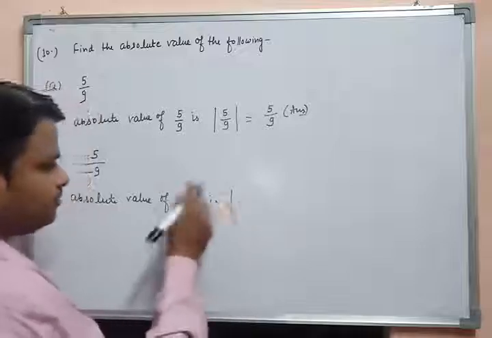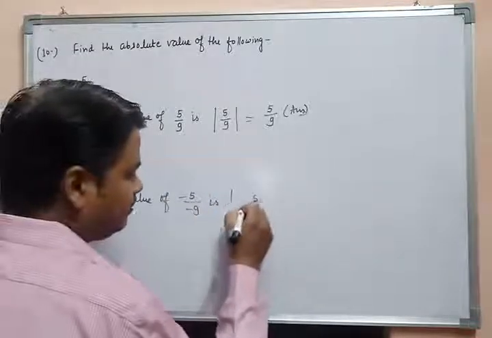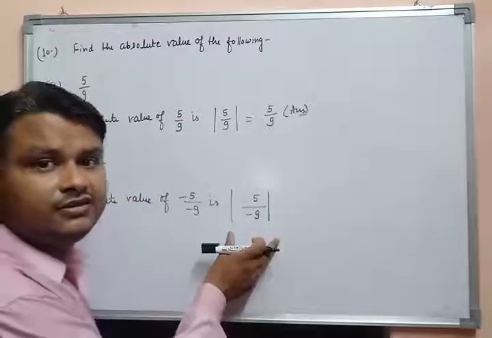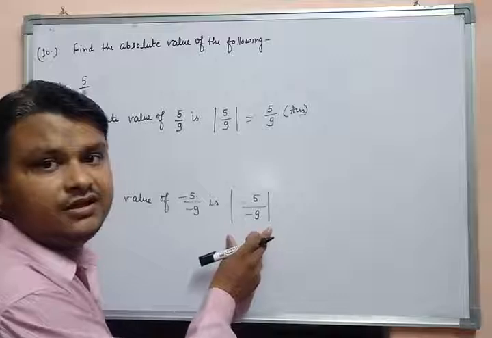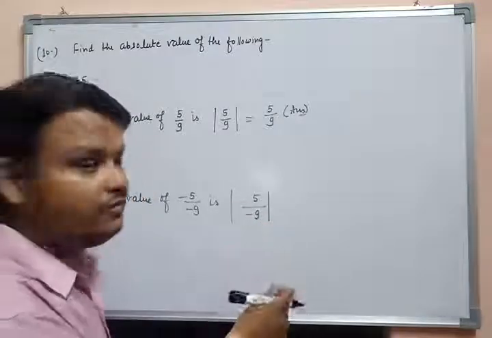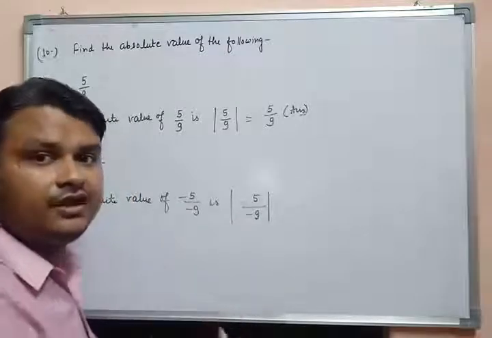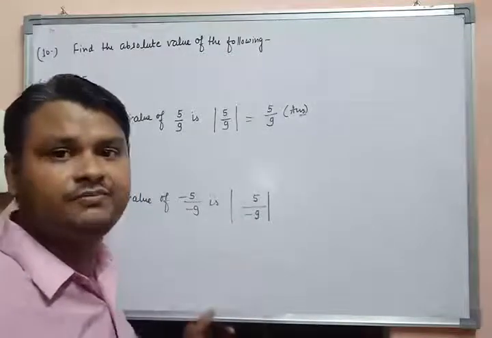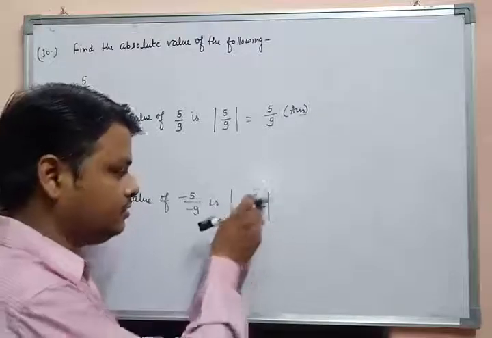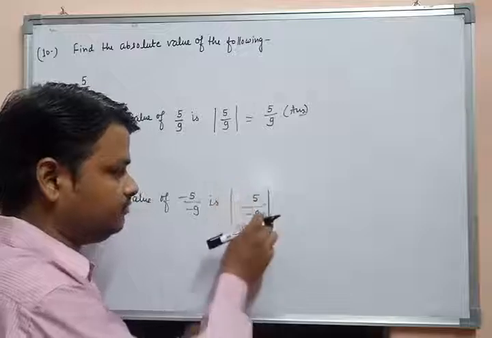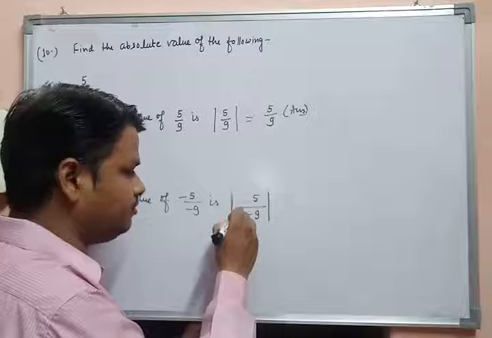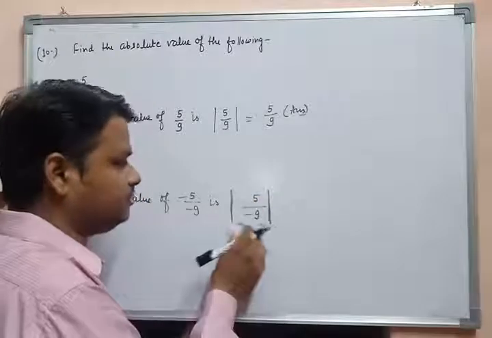You have to write it in this symbol, because this is the representation of the absolute value of any rational number. It means if you want to write how we represent the absolute value of any rational number, then you have to write this rational number and put 2 lines before and after it.